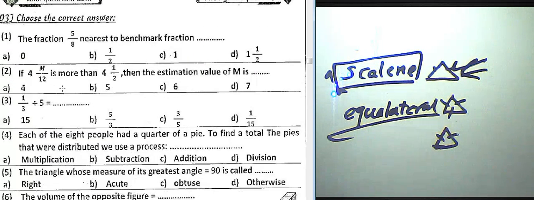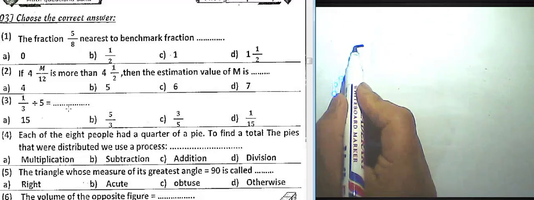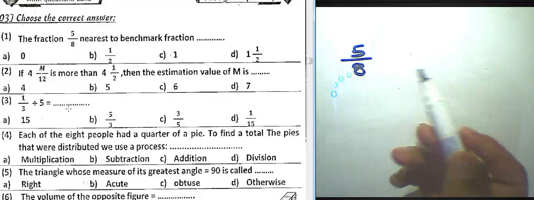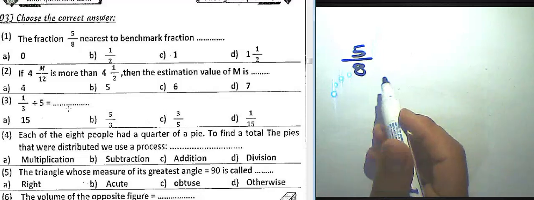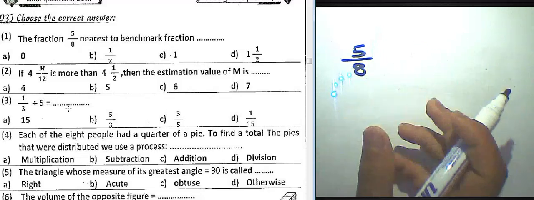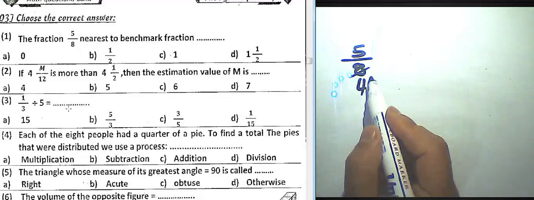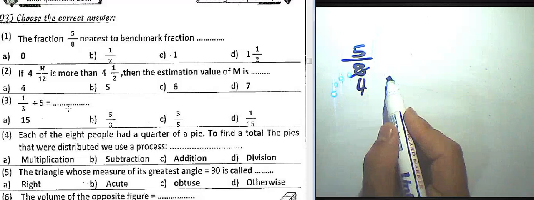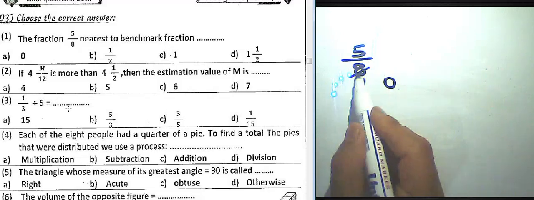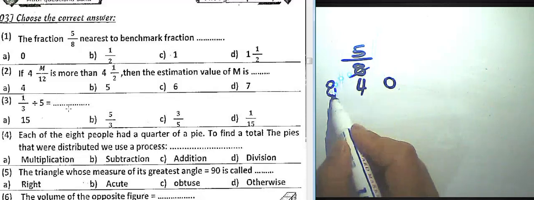Question number 3: fraction 5/8 is nearest to which benchmark? It's nearest to half, because half of 8 equals 4 and 5 is nearest to half of the denominator. If you want to find the estimation of 5/8 by using benchmarks, you must find half of the denominator and ask yourself whether 5 is nearest to 0 or half of the denominator.